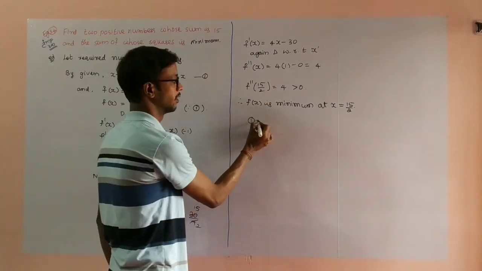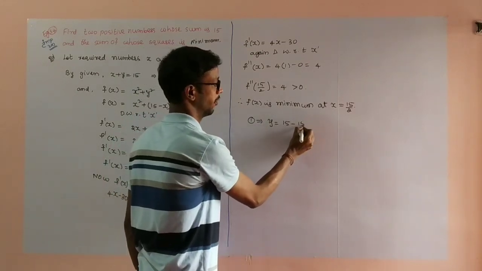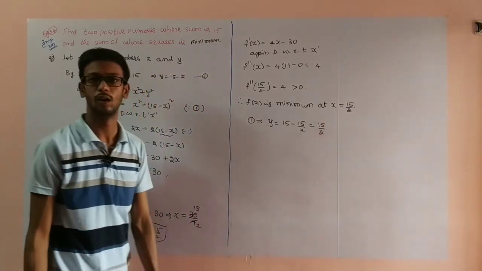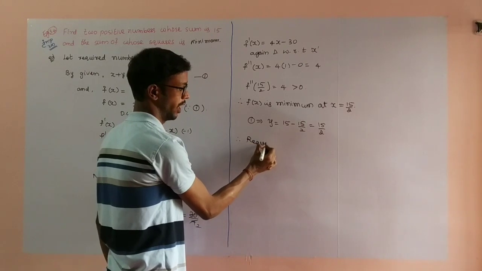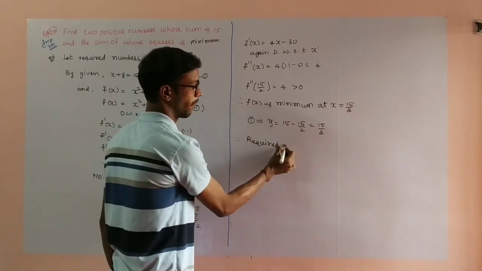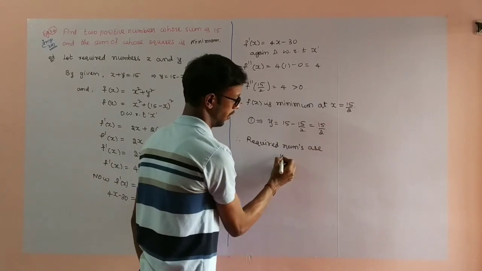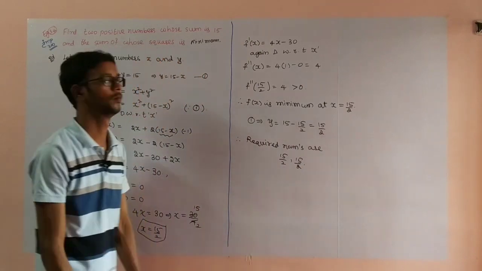From equation 1, y is equal to 15 minus 15 by 2, that is also 15 by 2. Therefore, the required numbers are 15 by 2 comma 15 by 2.